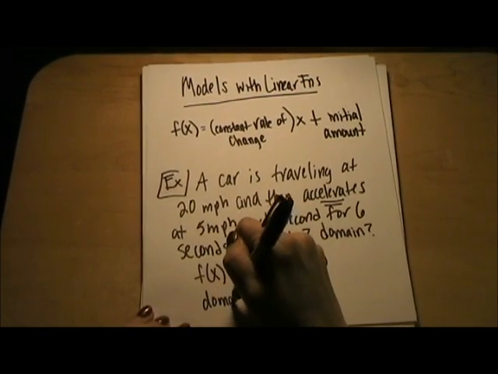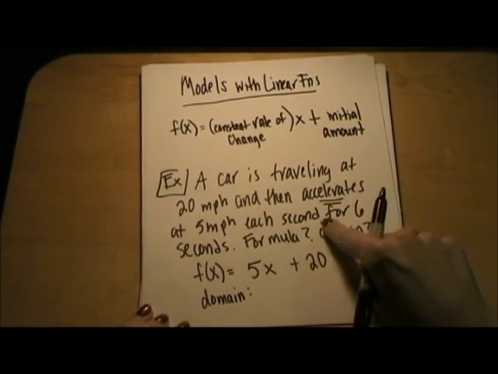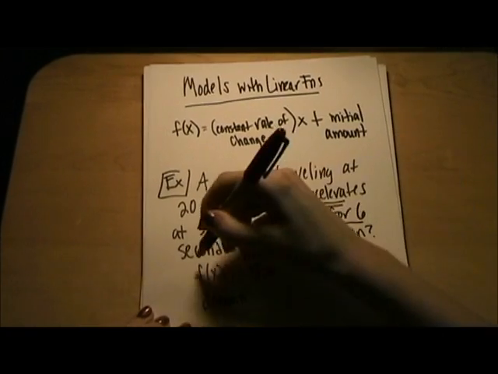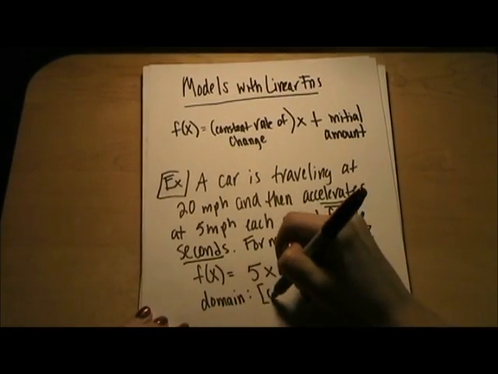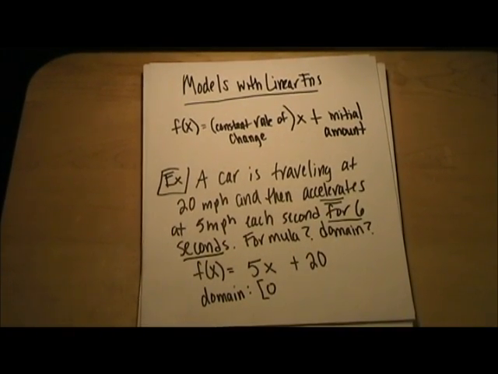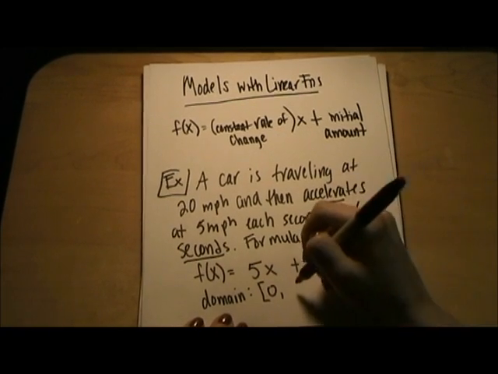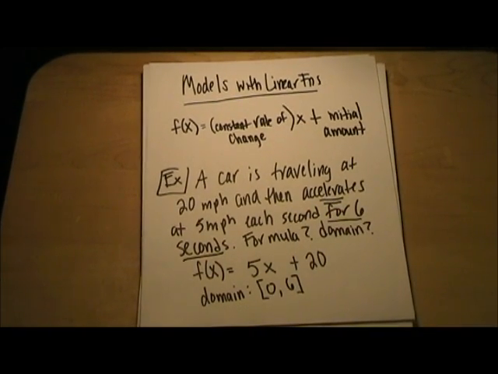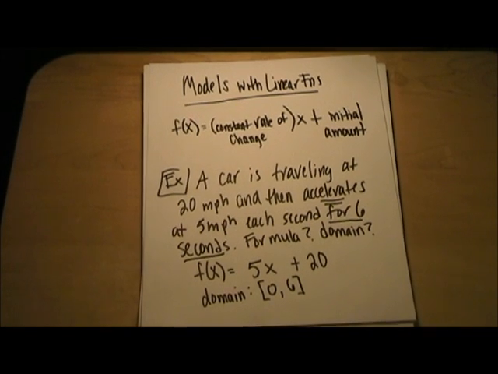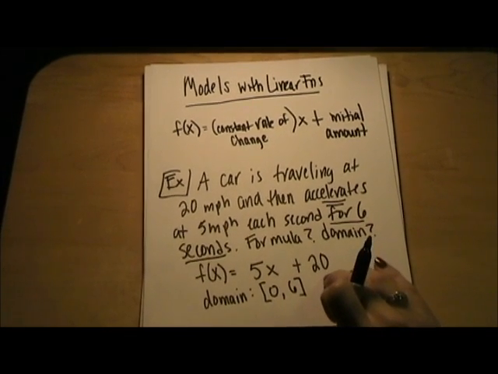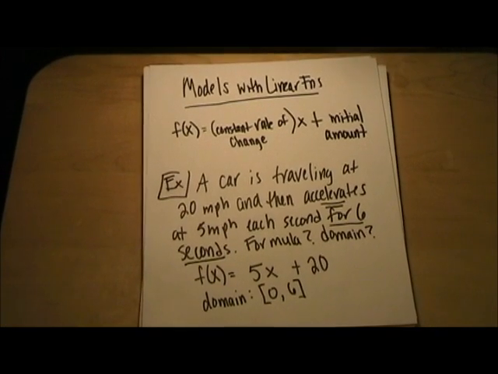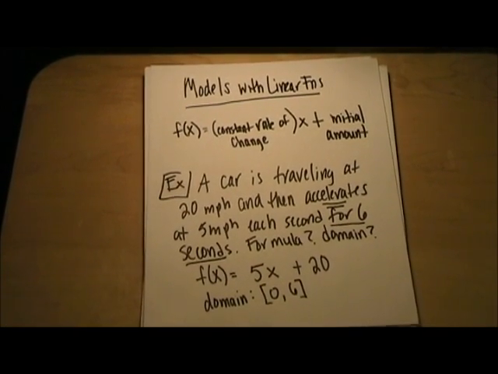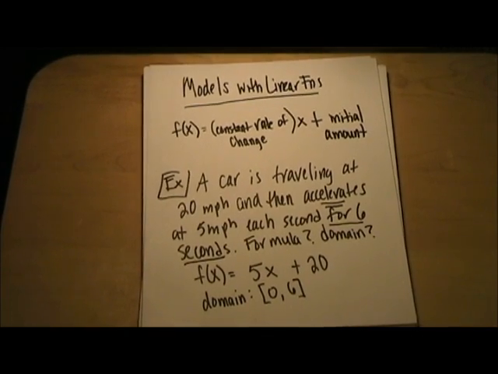Our domain, it's traveling for 6 seconds, so we're starting at 0, bracket, and we're going for 6 seconds, bracket. Again, initial amount, traveling 20 miles per hour, accelerating by 5 miles per hour, so 5x plus 20.